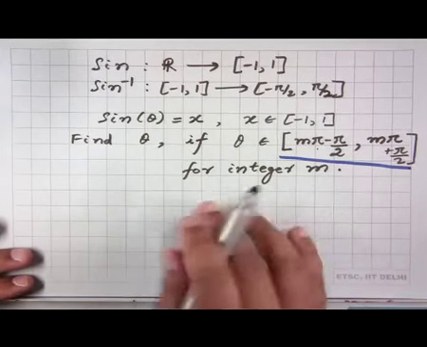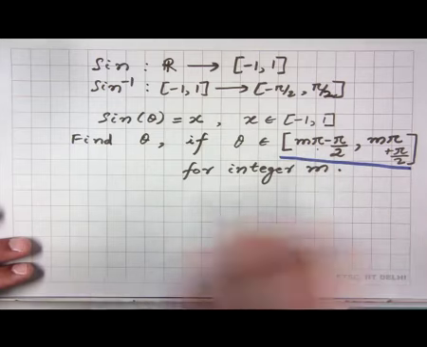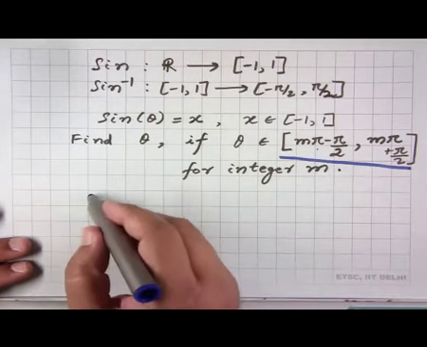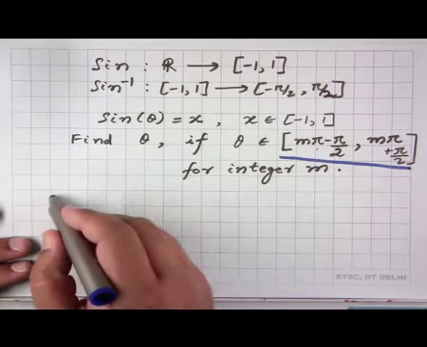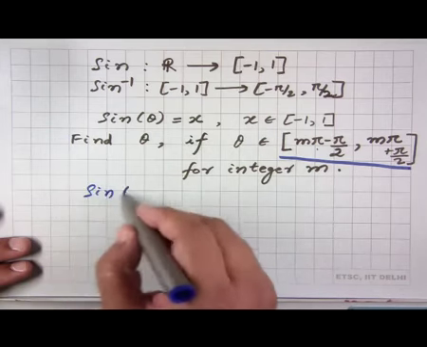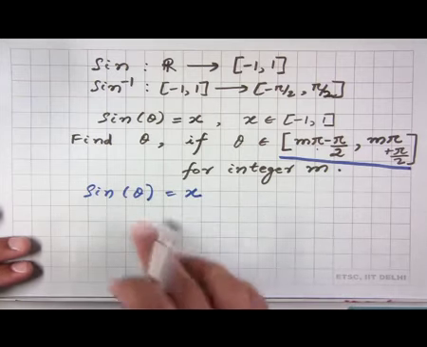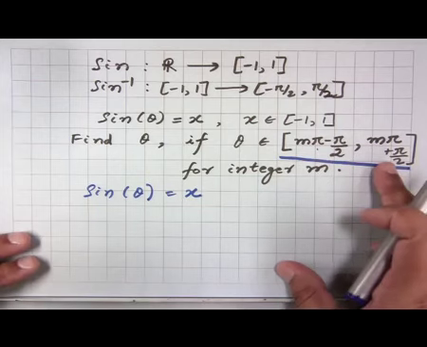So, this is not very tough. Of course, we need to consider even and odd m. So let us say that we start with writing this equation sin theta equals x, and we are told that theta belongs to this interval.